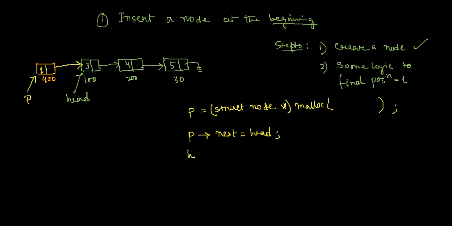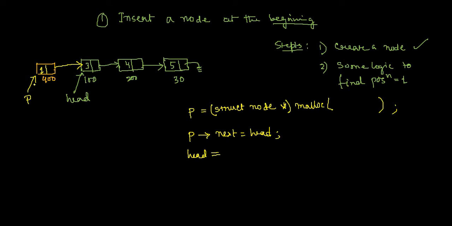So you must update the head also. From this diagram, I can say that the content of head should be 400 so that head can point to this node. But as a programmer, we cannot write 400 directly, because the exact address is not possible for us to identify. Instead, I can use a variable that holds this address.